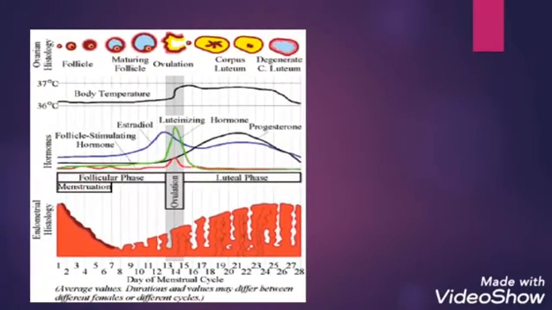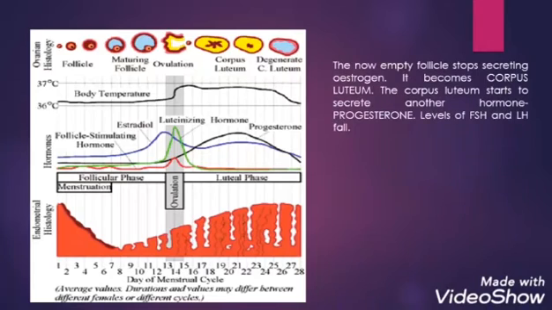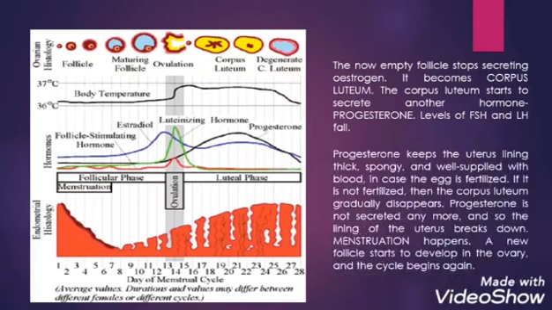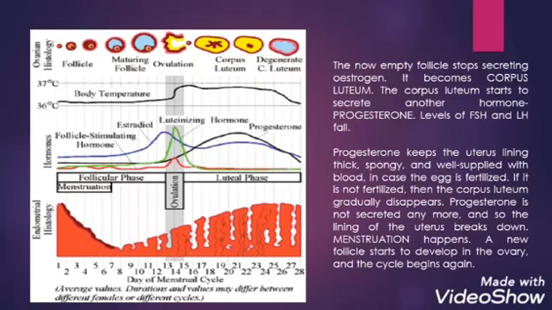So what happens after the period of ovulation? The now empty follicle stops secreting estrogen. It becomes corpus luteum. The corpus luteum starts to secrete another hormone, which is progesterone, and the levels of FSH and LH fall.